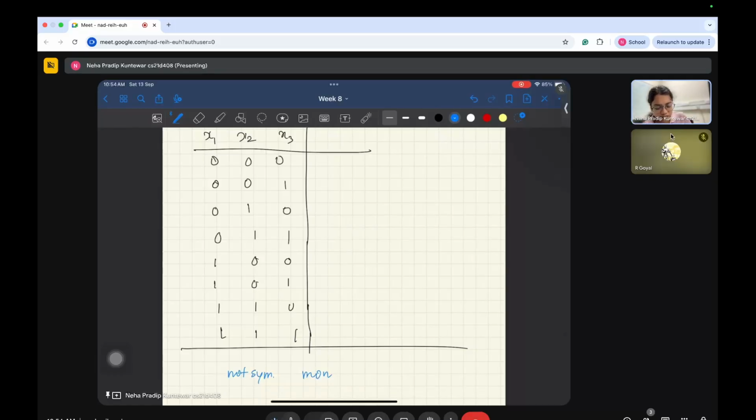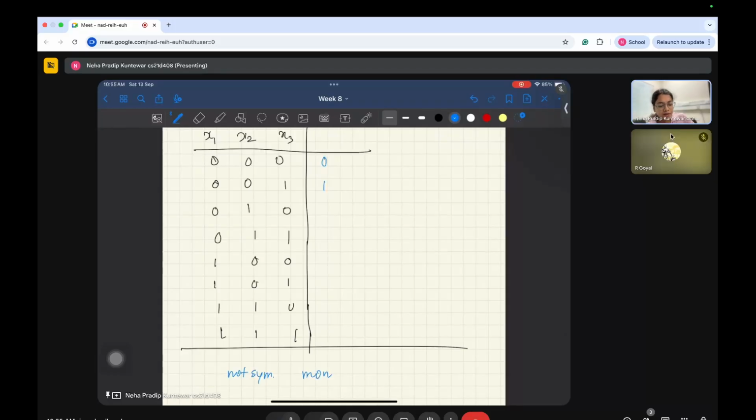Let's say I'm arbitrarily choosing that whenever it is all zeros, I want my function to output a zero. For the other entries, arbitrarily choose whether you want a zero or a one. Let's say you want a 1.